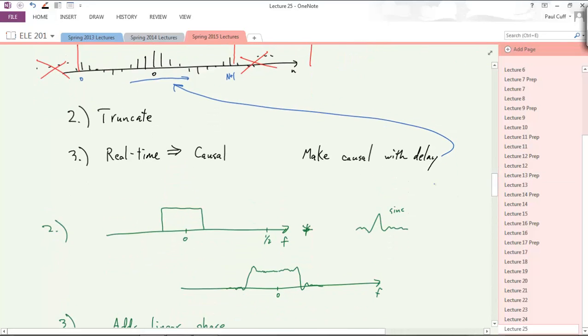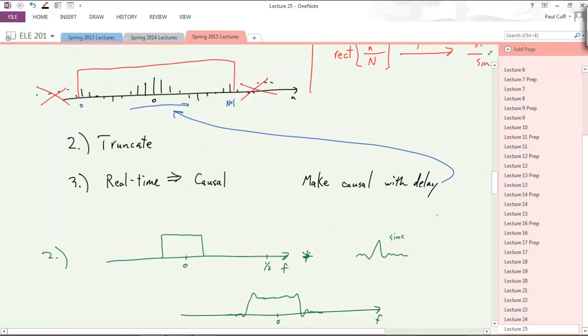Well, remember that the reason you don't have an ideal low-pass filter is the windowing. The truncating was a windowing, and that meant you multiplied by a rect in time, which was a convolution with a sinc in frequency. Well, there are ways of trying to mitigate this effect, and this is referred to as windowing in DSP design.